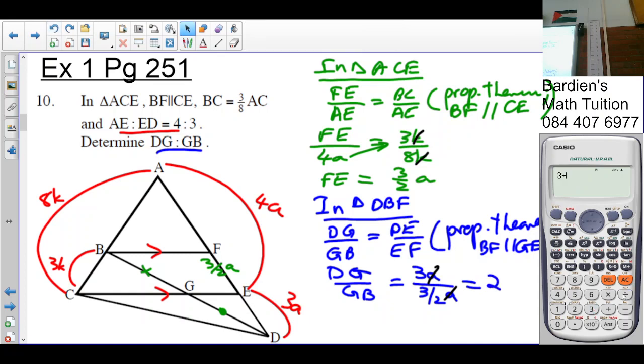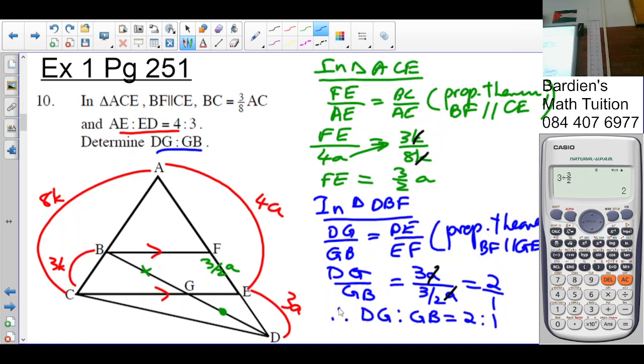It's 3 divided by 3 over 2. Yeah, it's 2 over 1. But remember, they want it in what form? Ratio form. So in conclusion, therefore, DG is to GB as 2 is to 1. The nice sum, no?